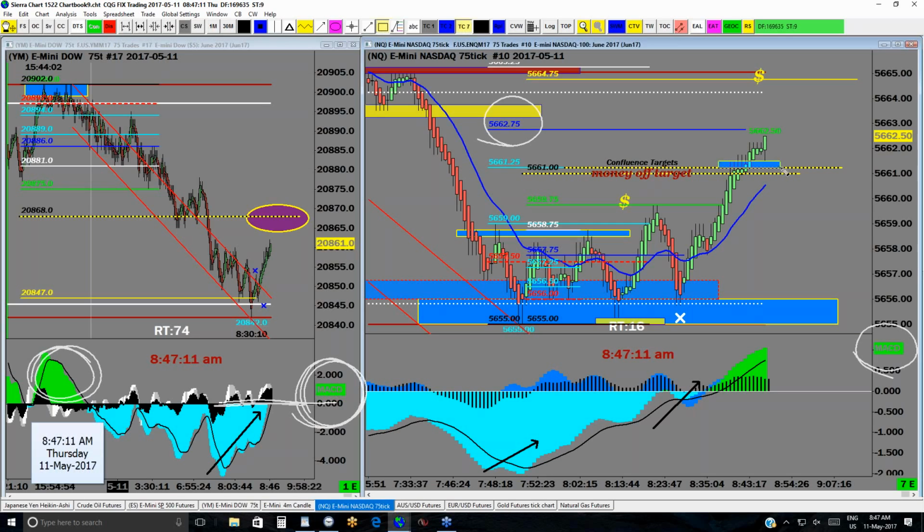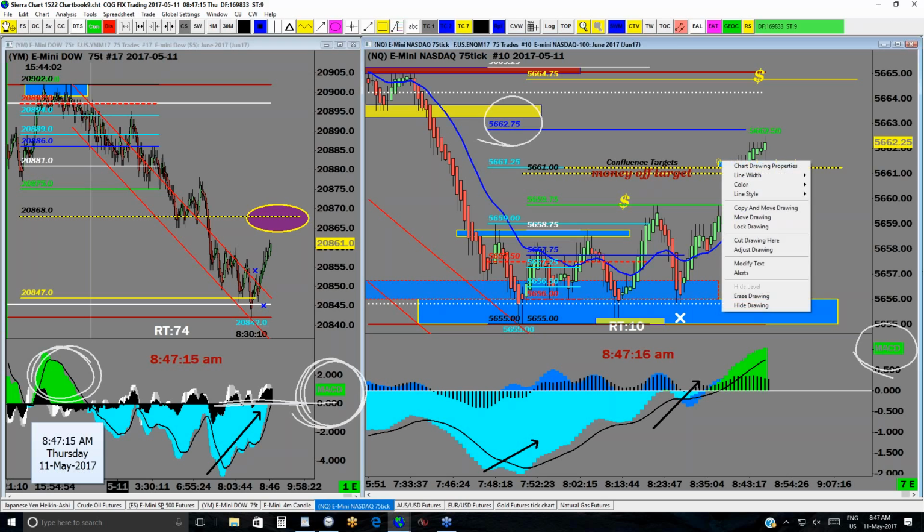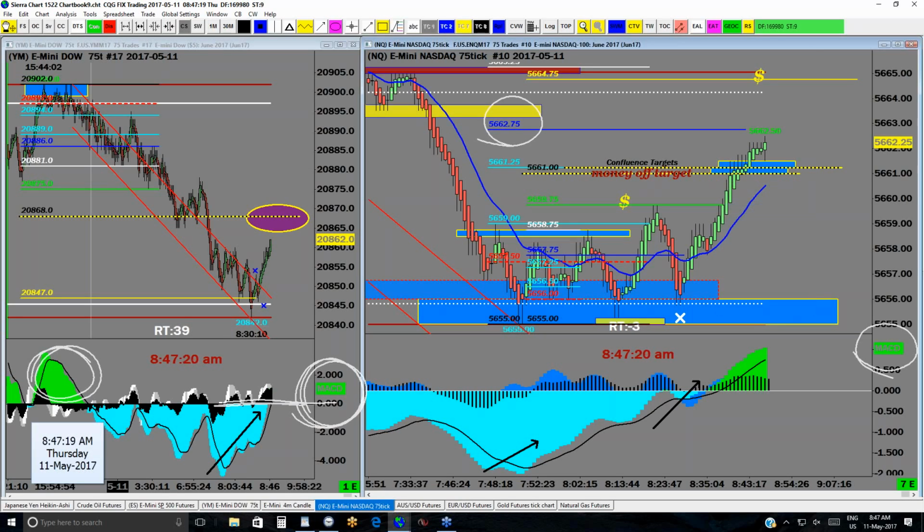So we'll look for this area here to be your next area to hold as a support. $5 away from your next target, 5662.75. There it is. See if we can get to 5664.75 right here.